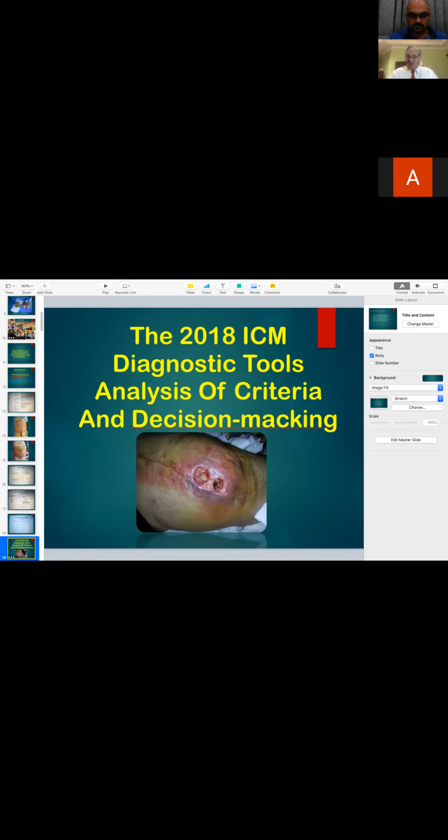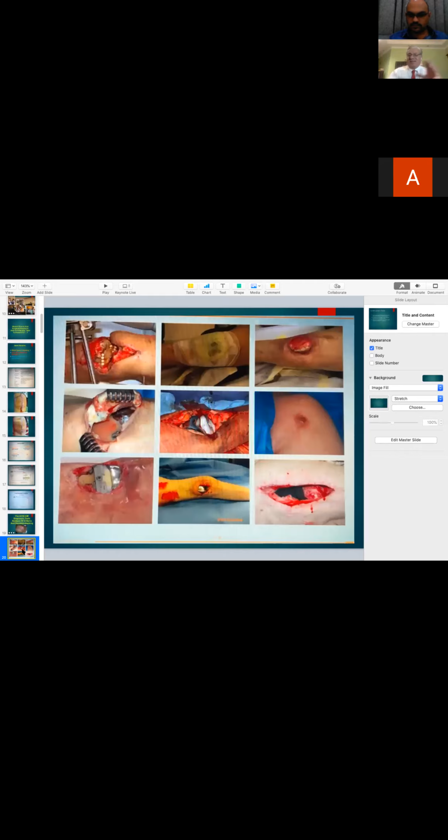In another session, we talked a lot about the diagnostic tool analysis of the criteria, concentrating on the definition of PJI, how you say this is PJI or not PJI. This is the kind of surgery or patient you face and see. Why is it important? Because many cases of aseptic loosening are actually septic loosening.